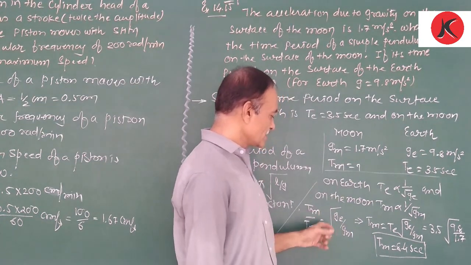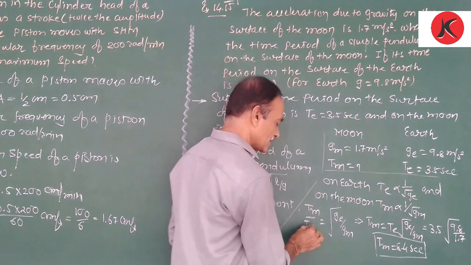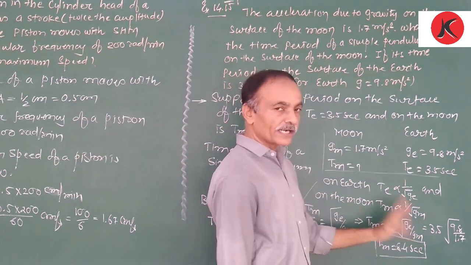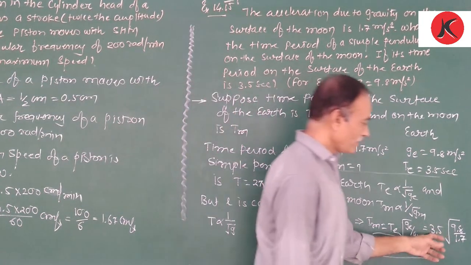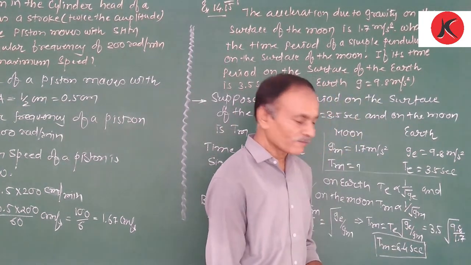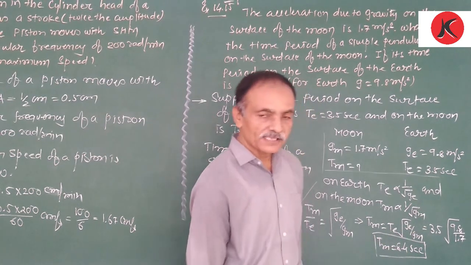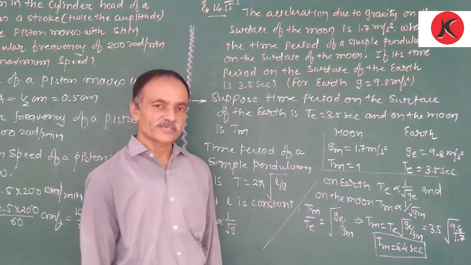Therefore TM is equal to TE into under root of GE upon GM, which is 3.5 under root of 9.8 upon 1.7. Therefore, we obtain TM is equal to 8.4 seconds.